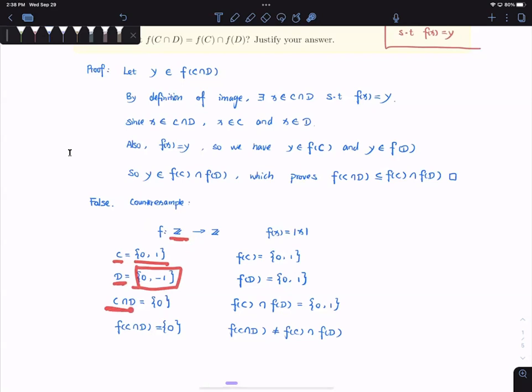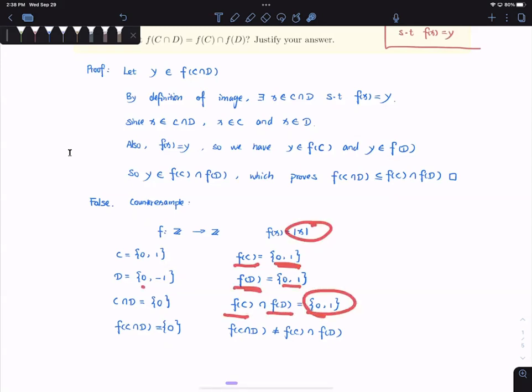So C intersect D, the element that's in both sets, is 0. So f of C intersect D is f of 0, which is still 0. But f of C is {0, 1}. f of D is also {0, 1} because it's absolute value. So f of C intersect f of D is also {0, 1}. But {0} and {0, 1} are not equal. So this is a counterexample.